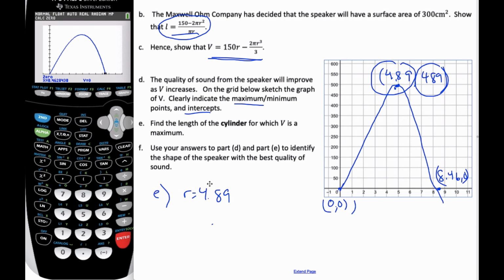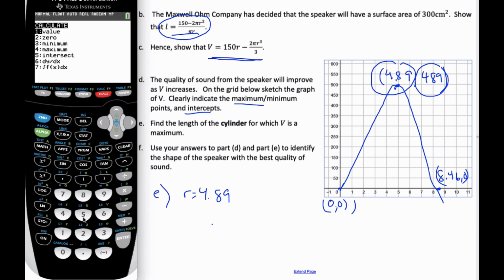And to keep all my decimal places in there, I'm going to recalculate the maximum. The reason why I'm doing it is that's going to put the answer into my X value. And so then I'll have it stored in X. So now my X is the maximum R, or the R that produces the maximum volume.